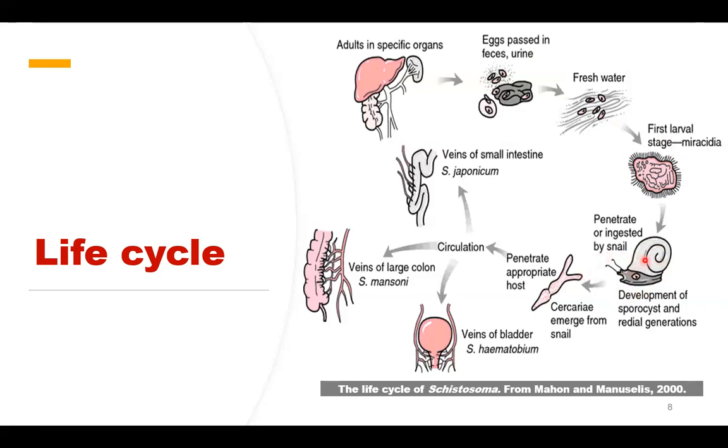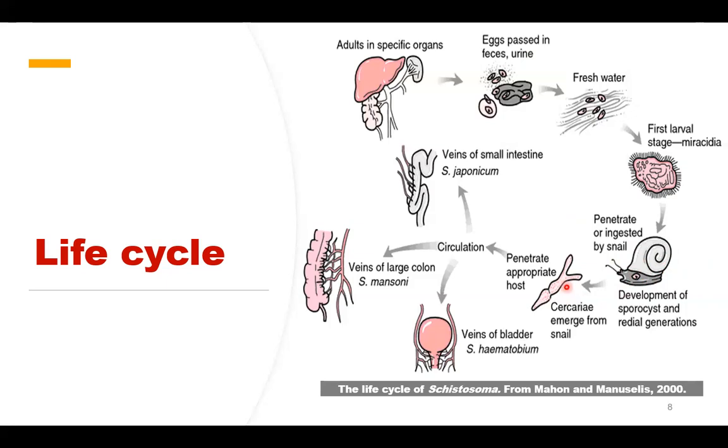So this is telling you that in areas where you have this infection, there is a concentration of the intermediate host and high contamination of the fresh water as well. When this miracidium invades the particular snail host, it's going to develop further within the snail host, and then release the motile cercaria.